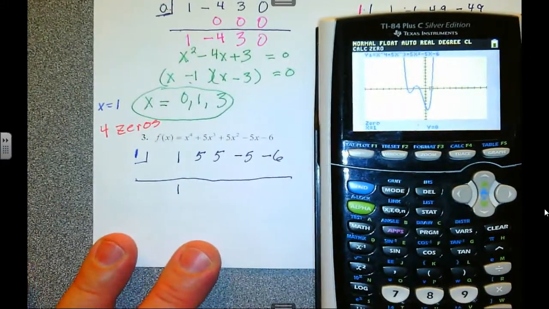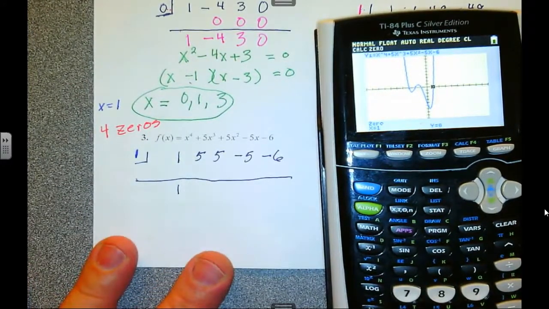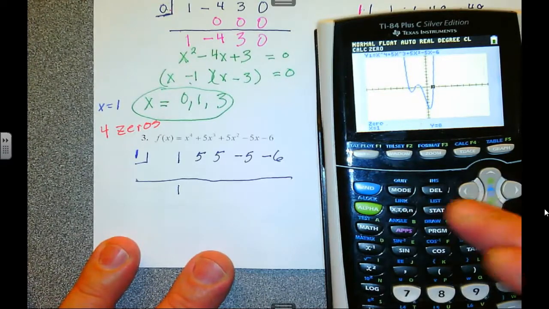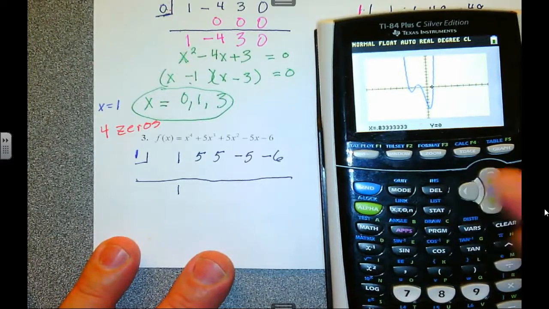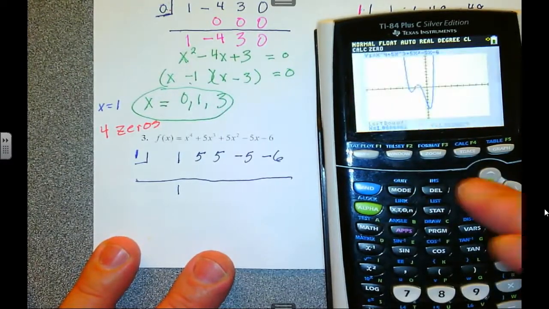What do you mean yours is not on the line? Your cursor? Did you do left bound, right bound? I'm going to go back and find another 0. So I'm going to hit second trace, 0.